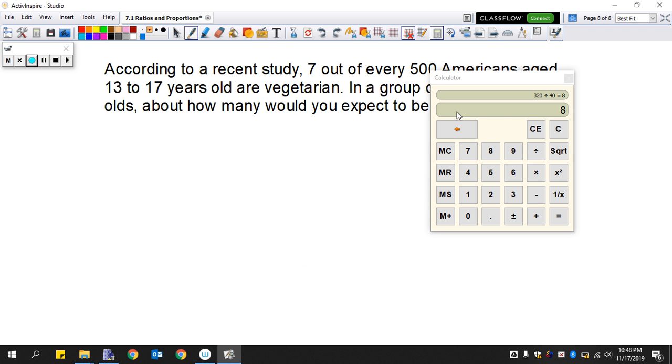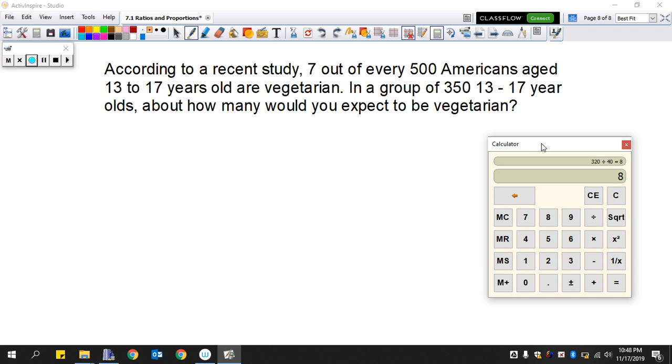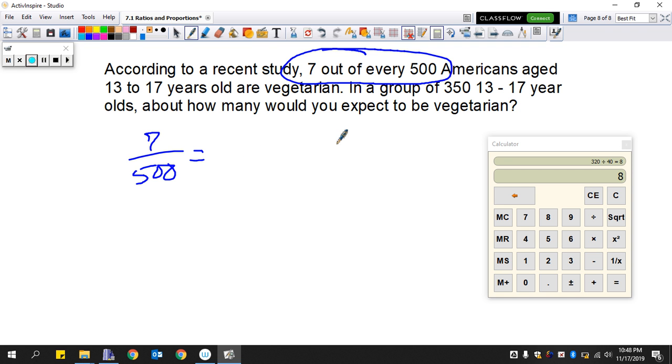According to a recent study, 7 out of every 500 Americans aged 13 to 17 are vegetarian. In a group of 350 13 to 17-year-olds, about how many would you expect to be vegetarian? We're going to write this as a proportion. Our first ratio is 7 out of 500, is equal to, we're trying to look for how many.